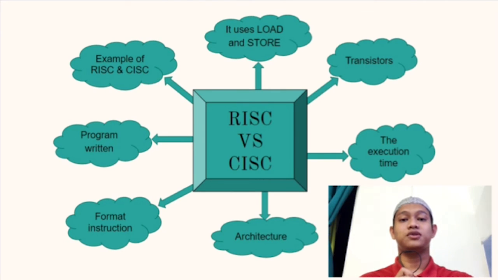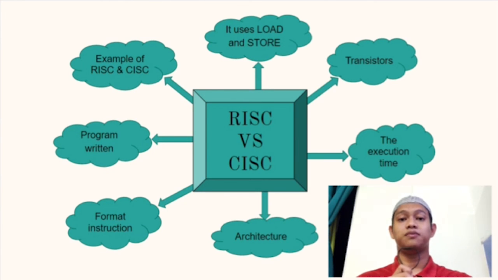Next, RISC has a fixed format instruction, and CISC has a variable format instruction. Then programs written for RISC architecture need to take more space in memory, and programs written for CISC architecture tend to take less space in memory.